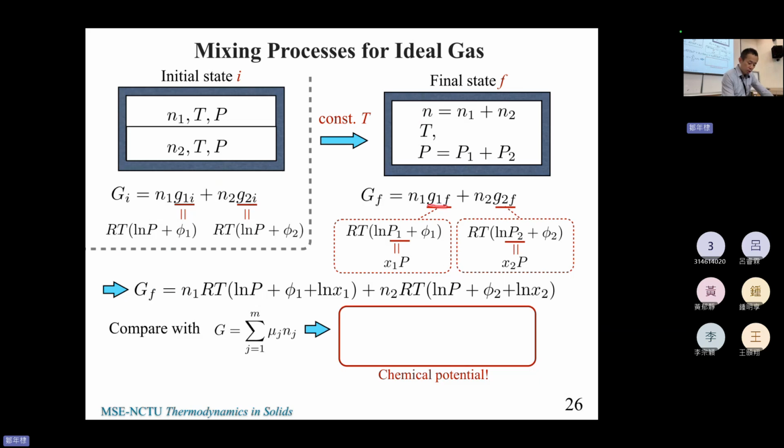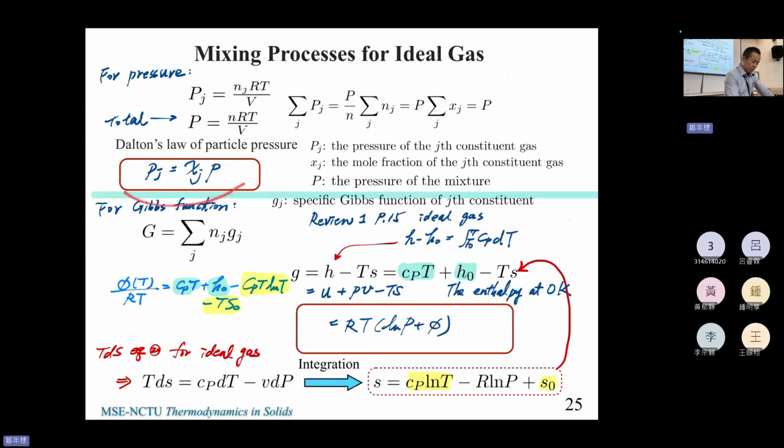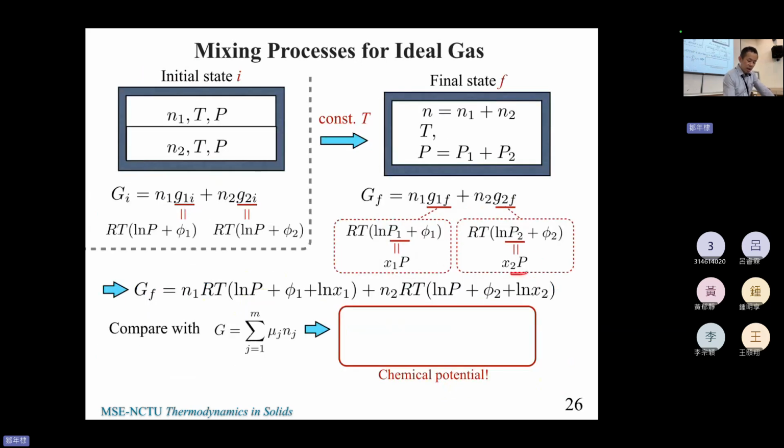So this can also become here and there, but something different: P1 and P2 are P total times X1 and P times X2. Okay, so now we can sum them up together.